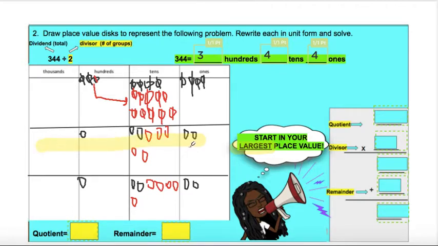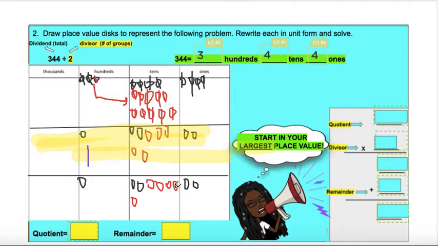When we are finding our quotient, we are looking at one of our groups. So I'm going to focus on my first group. In this first group, how many hundreds did I have? Let's use a different color. How many discs do you see in the hundreds place? Yes, 1 disc in the hundreds. How many 10s do we have?